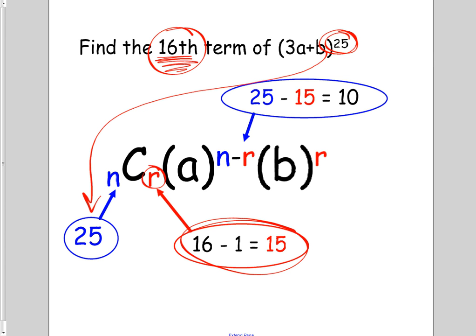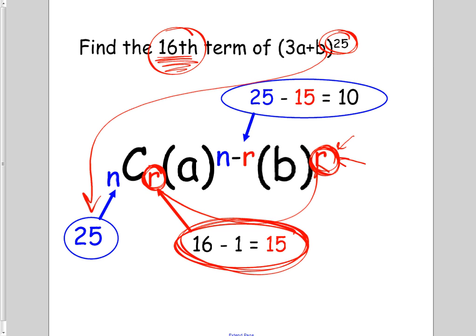I can also observe that this number and this number always match, because of the same observation about this number over here: it's 1 less than the term. On the 5th term, this value was 4. On the 6th term, this value was 5. So they're matching, both following the same rule.